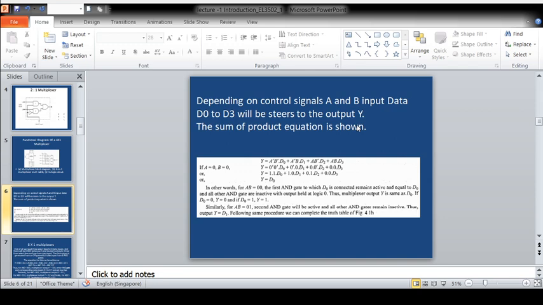Whatever data D3 has passes through this gate, through the OR gate, and is available at the output. So Y takes the value of D3 because A is equal to 1 and B is equal to 1, and only that gate is enabled. This way, in a 4 to 1 multiplexer there are 4 data channels, and out of these 4, one data channel is selected and made available at the output.